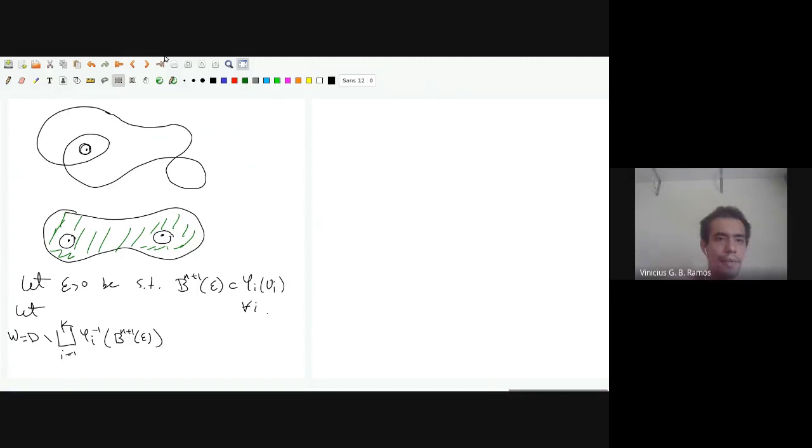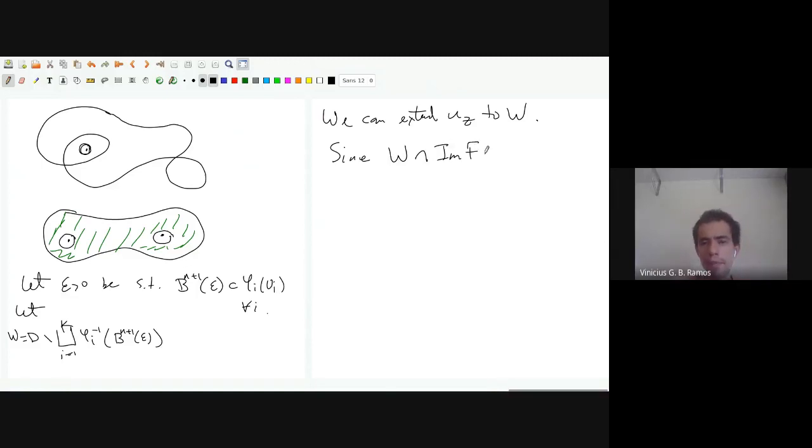In W, we can extend uz to W because the function capital F never hits z in W. So since W doesn't intersect the image of capital F, it is equal to the empty set.